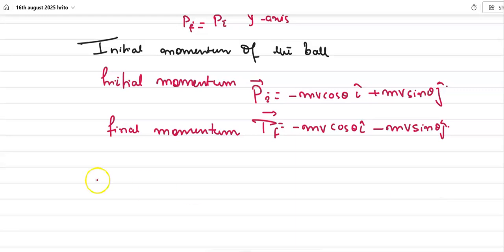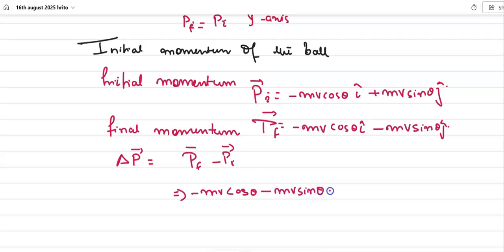So what we have to do, we have to find the change in momentum. তো আমরা কি করব, আমরা এখানে ফাইনাল মোমেন্টাম মাইনাস ইনিশিয়াল মোমেন্টাম ক্যালকুলেট করব। Final momentum is minus mv cos theta i minus mv sin theta j, minus initial momentum, minus mv cos theta i plus mv sin theta j. Right, you have to add and subtract the components individually.